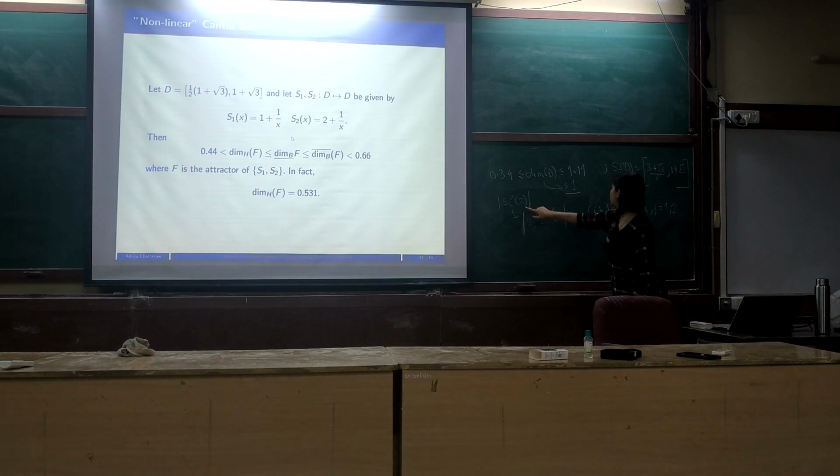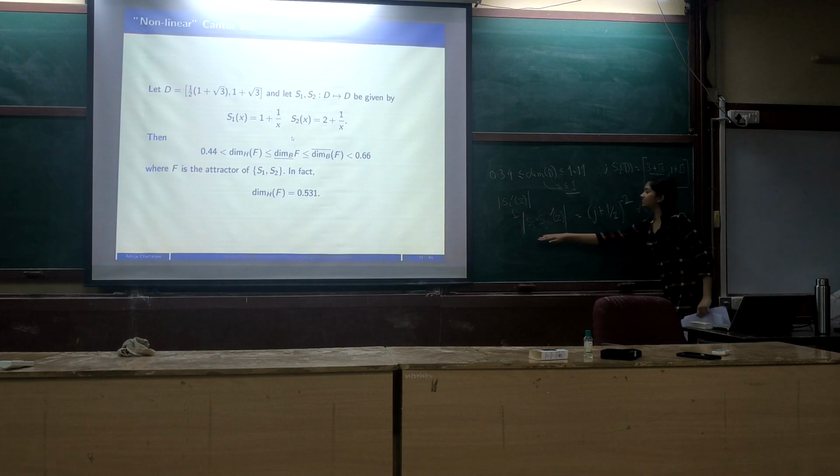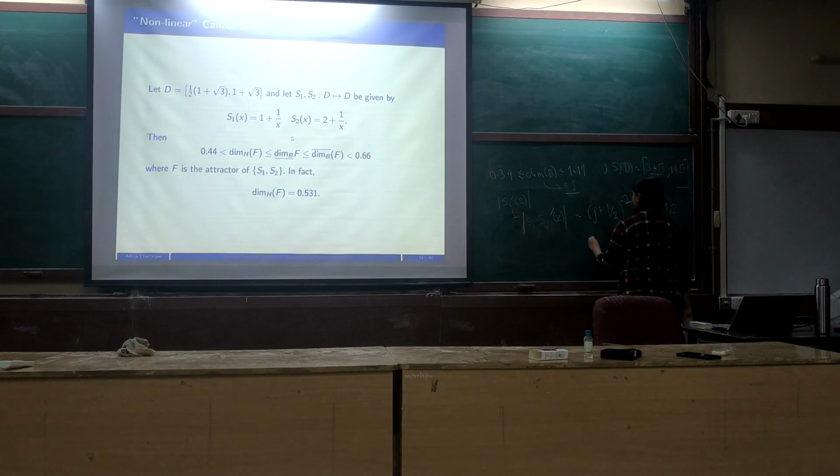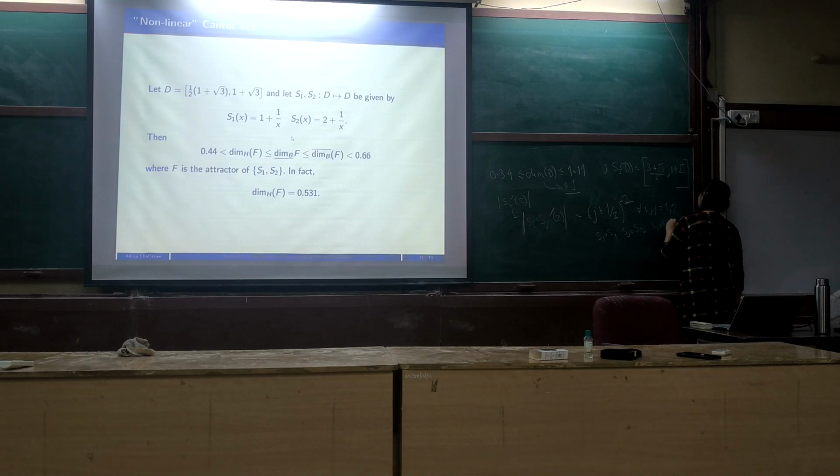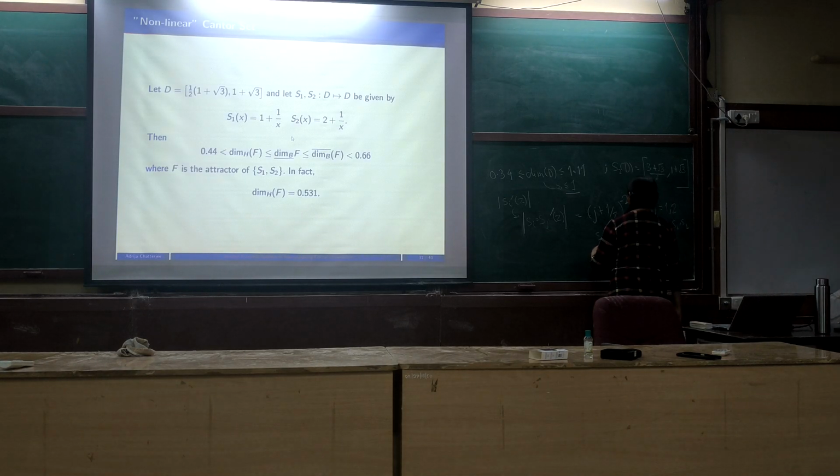But now on enhancing the bound, we know that we will get sharper bounds, and applying this to the 4 maps s1 of s1, s1 of s2, s2 of s1 and s2 of s2, we will get our bounds 0.44 and 0.66.